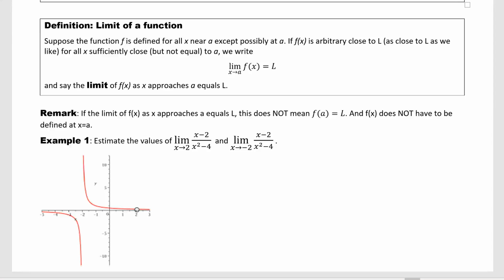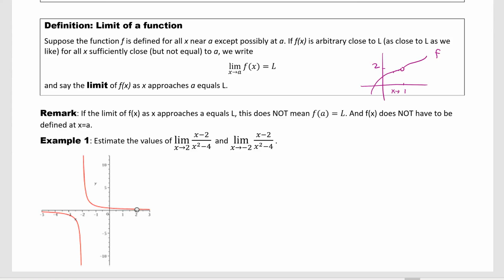So if I draw a picture here, what does the picture look like? Let's say this is 1, and this is 2. This is f. You can see when x is getting close to 1, y is getting close to 2, right?